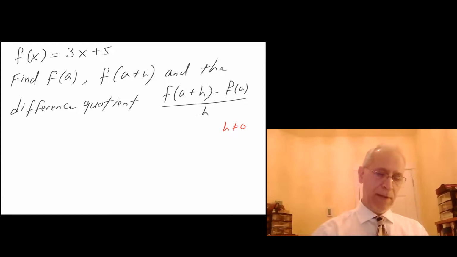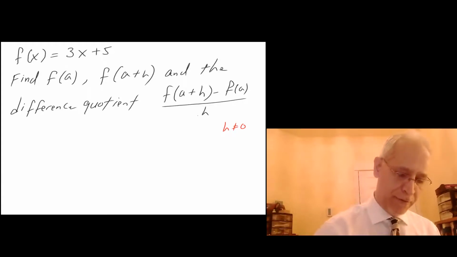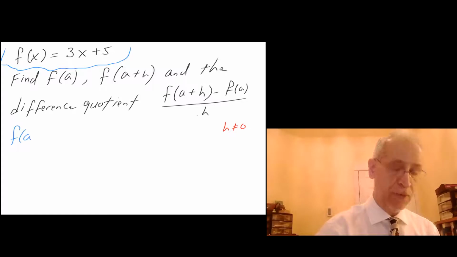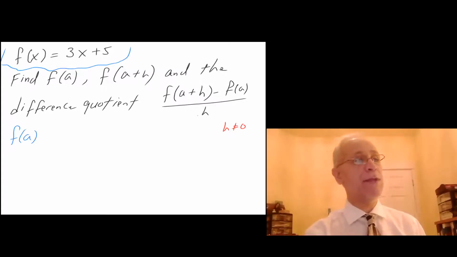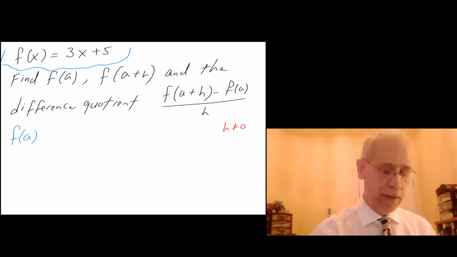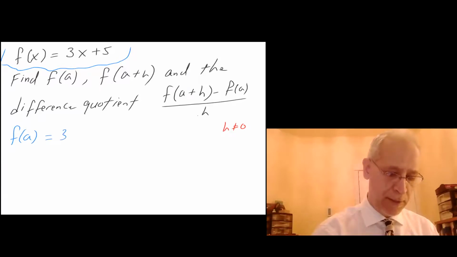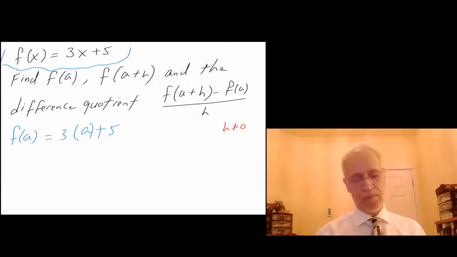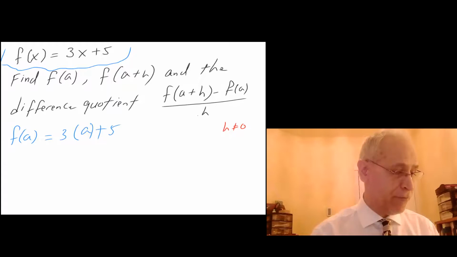So first, if this right here is my f of x, what is my f of a? Well, f of a equals, I'm going to just replace x with a, 3 times a plus 5. What is f of a plus h?